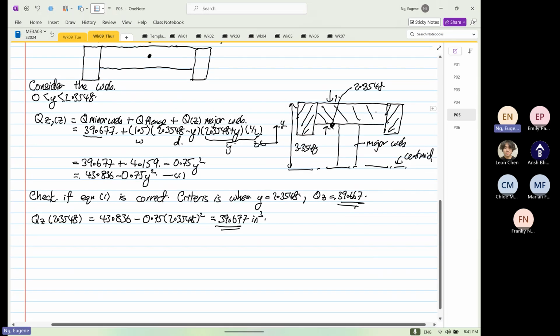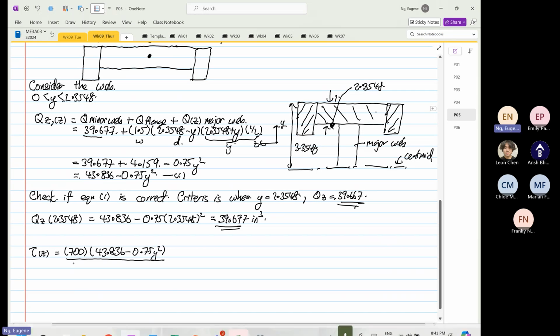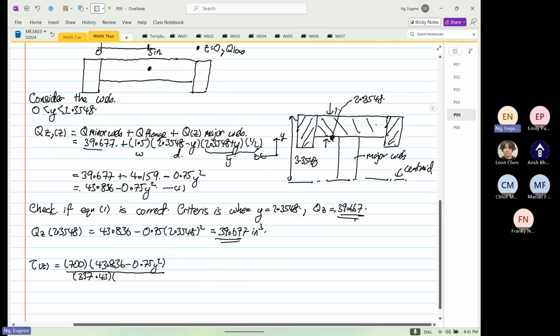we can substitute that shear stress as a function of Z, which will be equal to the shear force, which is 700, multiplied by 43.836 minus 0.75 y squared, and then divide by the second moment of area, 337.43, and the thickness, as you can see now, the thickness is 1.5.